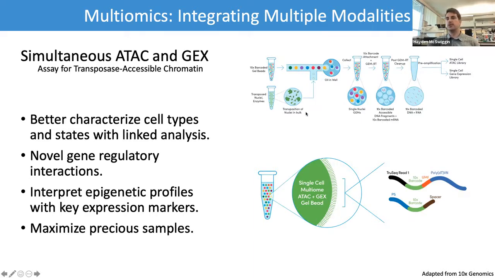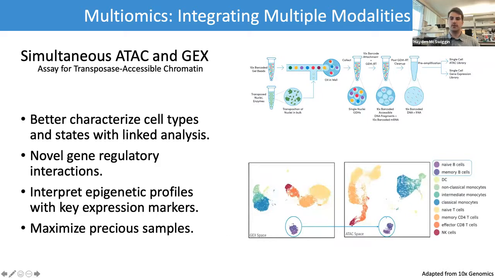And while it's fragmenting the chromatin, it also inserts these DNA fragments that you can capture using the multi-omic gel beads that I showed here. So you also have this oligo from the single-cell RNA-seq pipeline. And additionally, you have another oligo that will capture the fragments inserted by this transposase enzyme.